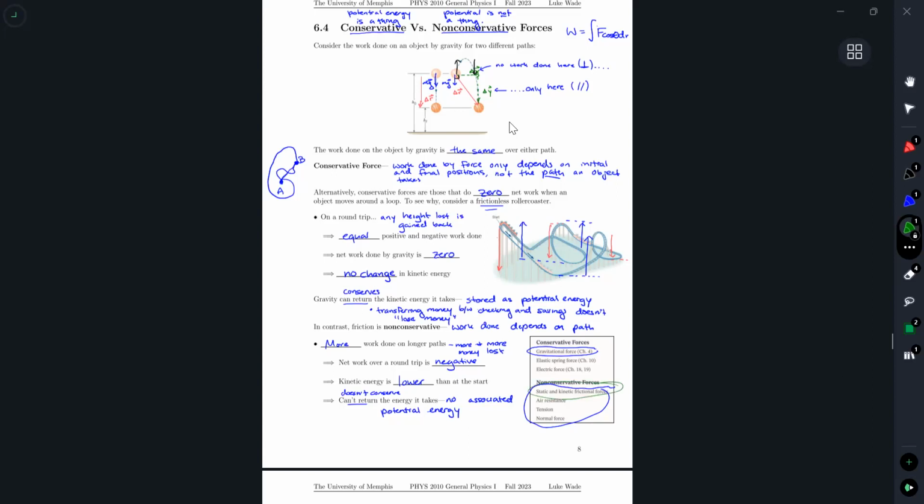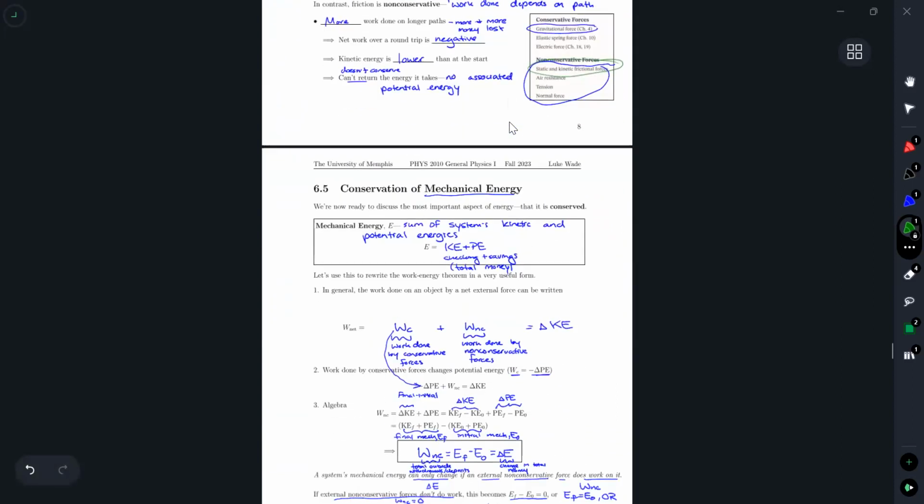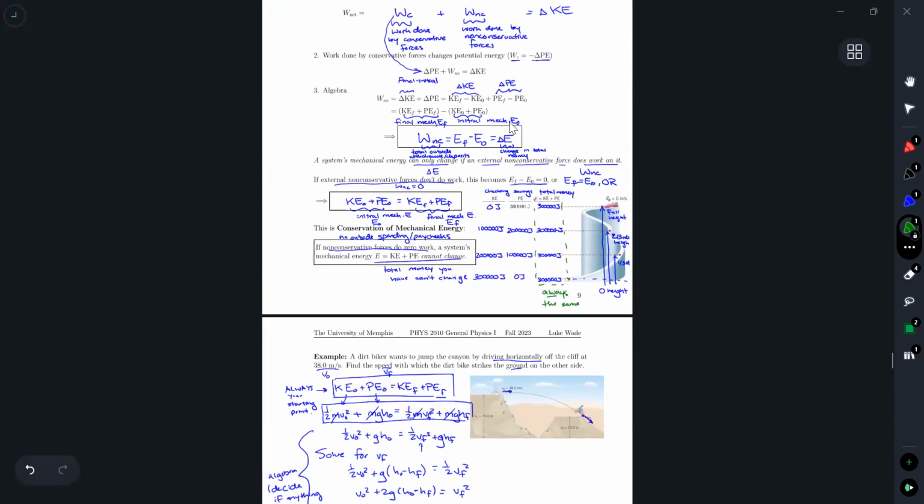If you see something say, ignore friction, and it looks like an energy related problem, that is absolutely screaming conservation of energy at you. If you see a collision problem and it says nothing about friction or it says ignore friction, that is screaming conservation of momentum.